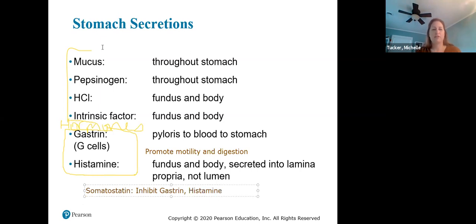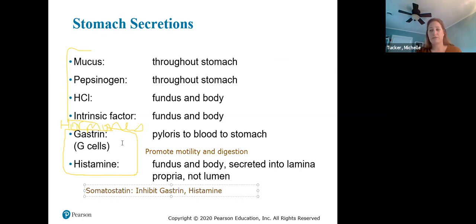So for secretions, we have mucus through those neck cells, pepsinogen through the chief cells, hydrochloric acid through the parietal cells, as well as intrinsic factor. The hormones that are produced by the stomach are going to be gastrin and histamine. Both of these are going to promote motility and digestion.